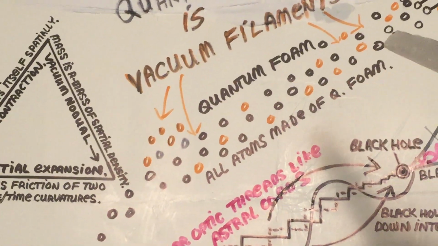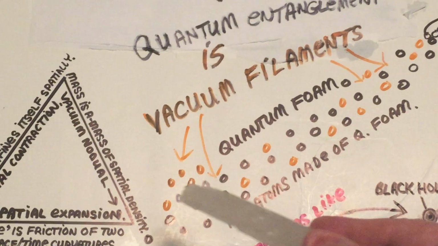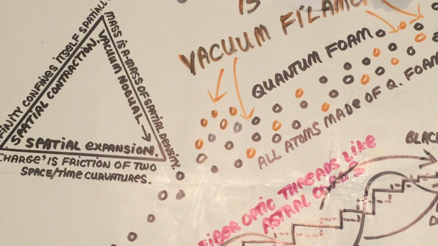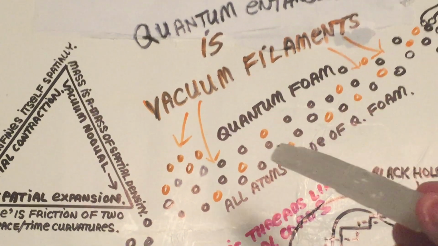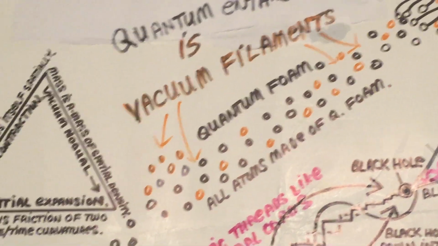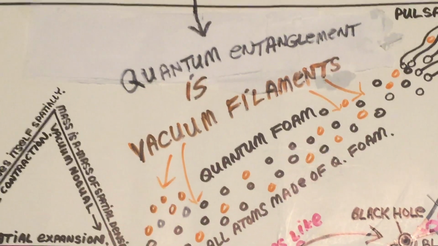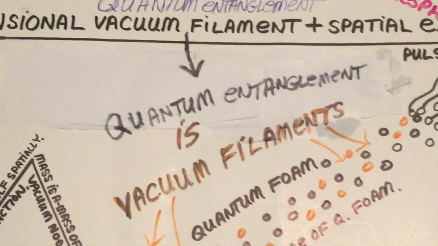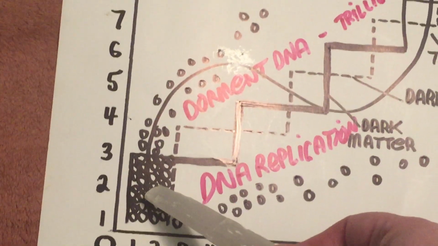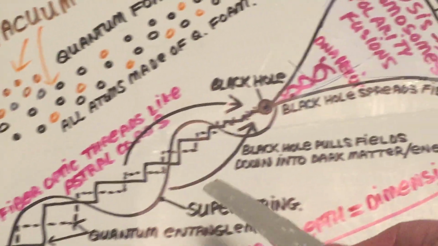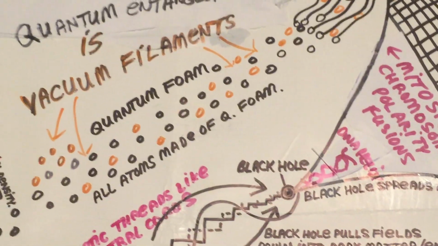And these chains become known as vacuum filaments, a filament or a thread of quantum foam that is acting as a form of vacuum fluctuations. And this is what creates the quantum entanglement, where a particle at the infinitesimal instantly creates a reaction at the level of, say, a black hole.